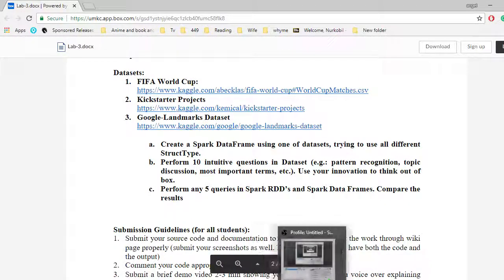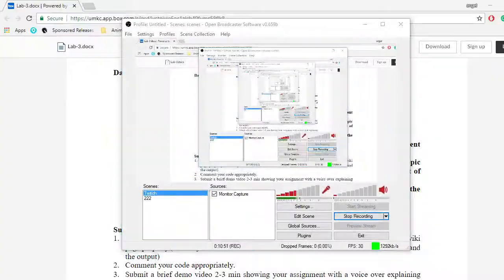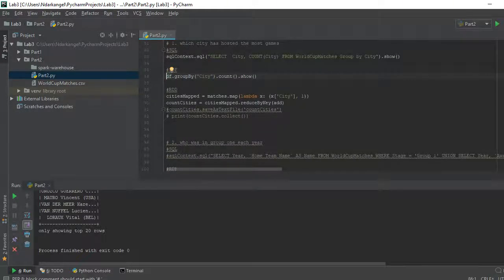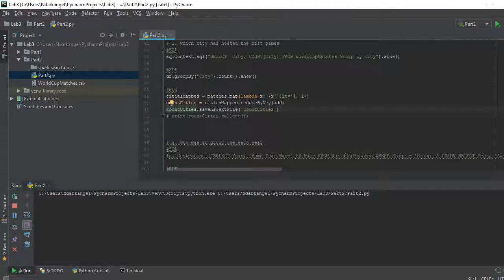So you're going to expect three results from this place. When we run the first part, this is the SQL and this is the data frame, and let's open this. So this is three of them, running all of them.